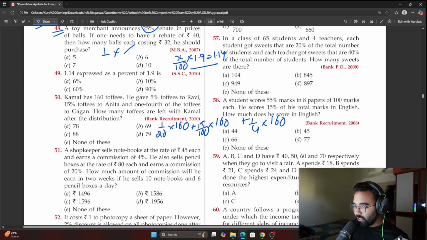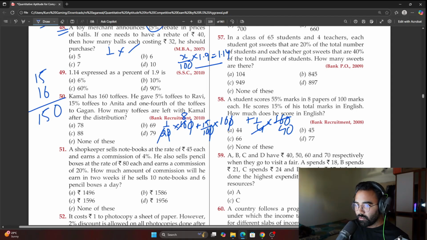How many toffees are left with Kamal after distribution? That's a simple calculation. This is 2 8s are 40s are, and 15 multiplied by 16 should give you 150. 6 5s are 30, 6 1s are 6, 6 plus 3 9.